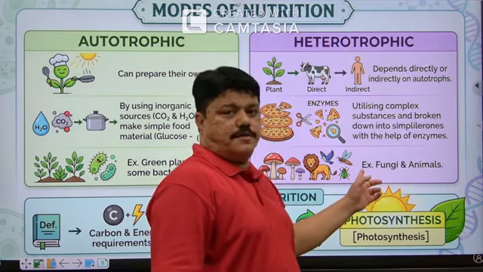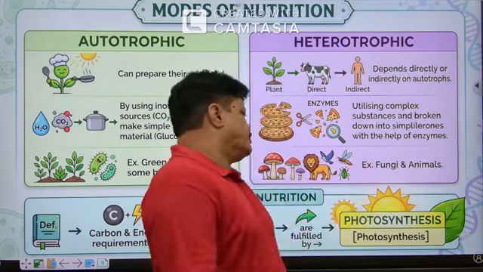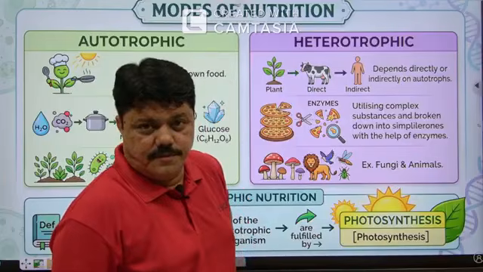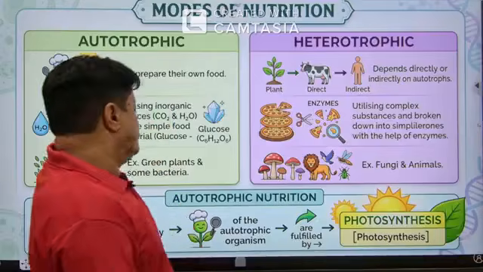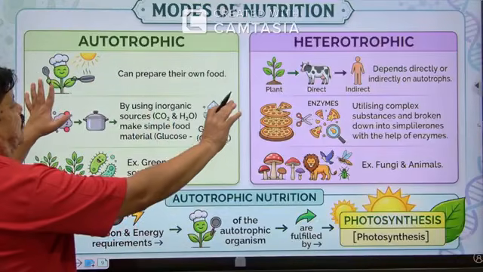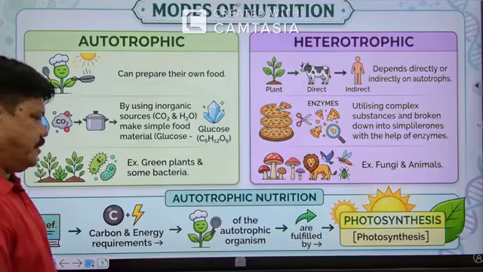And in heterotrophic, simple examples are fungi and animals, as they do not possess chlorophyll within them. They can't prepare their own food. So two main modes of nutrition, we are considering them as autotrophic and heterotrophic.